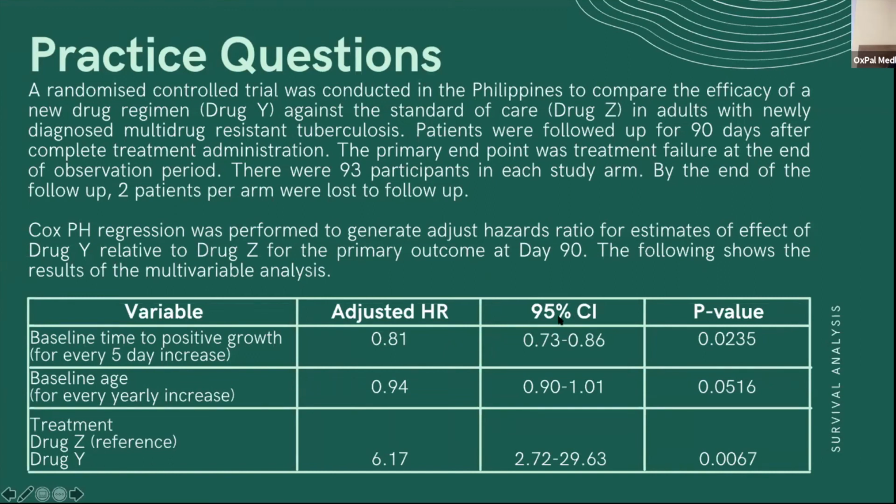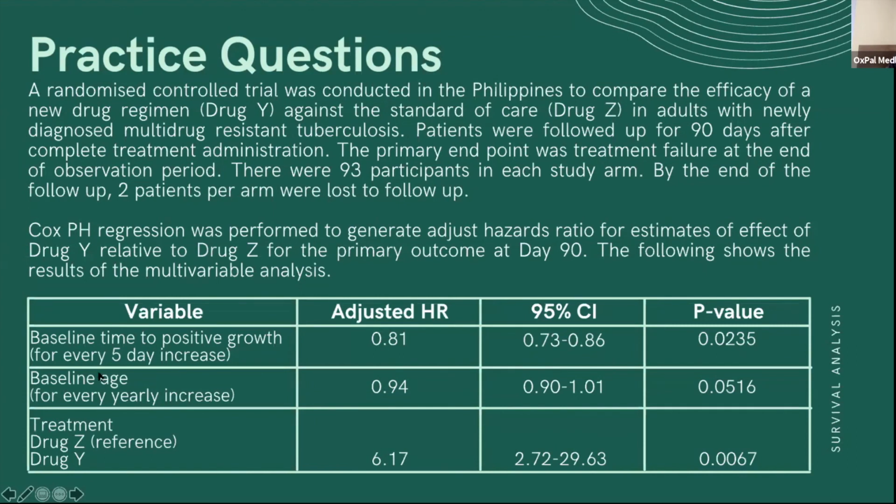And the confidence interval for the hazard ratio shouldn't cross 1, because when it crosses 1, it crosses the line of unity, and it just means that it might be statistically not significant. But in this case, it doesn't cross 1; the confidence interval is from 0.73 to 0.86, all less than 1. And the p-value is 0.02, which is less than 0.05, so this is statistically significant.